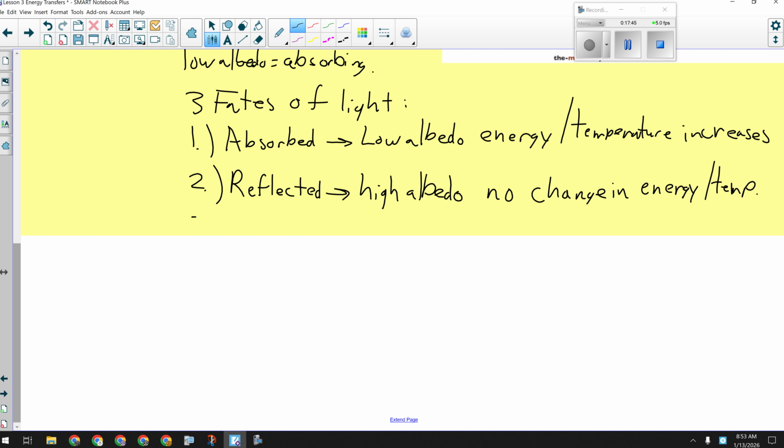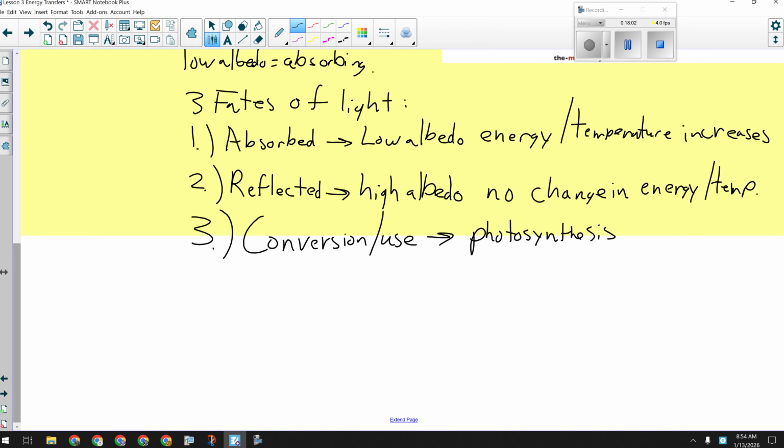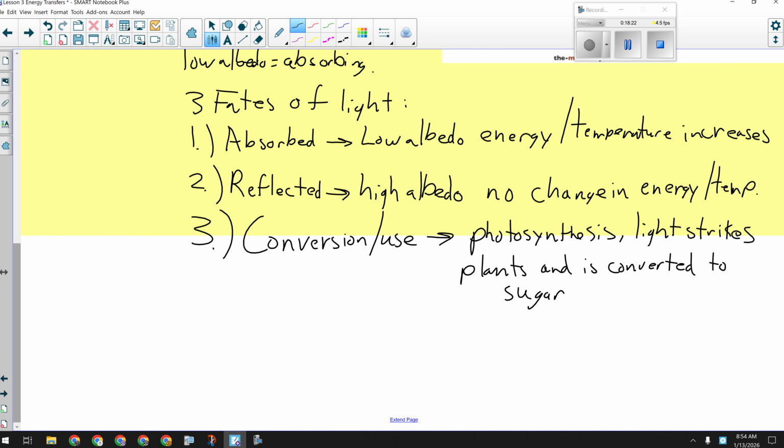And the third fate of light, conversion. Sometimes it's called use. And that is photosynthesis. Those are the three fates of light when they strike the earth.